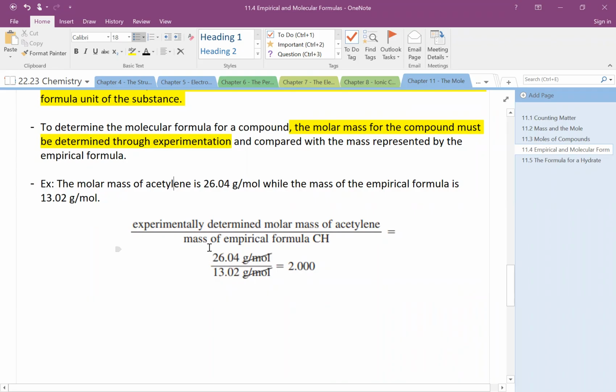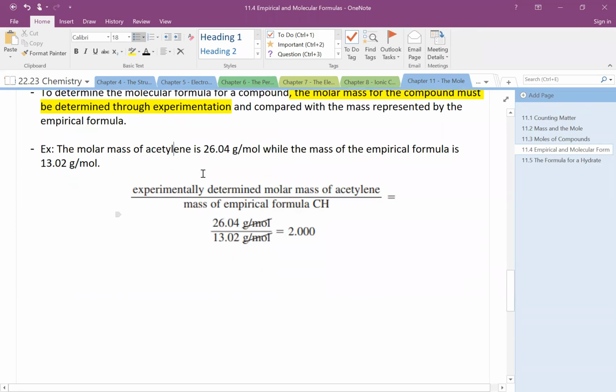So if you divide your experimentally determined molar mass by the empirical formula mass, 26.04 divided by 13.02, you're going to get 2.00. And this would indicate that you have 2 of your empirical formula units in each molecule. So you just multiply your chemical formula by 2.